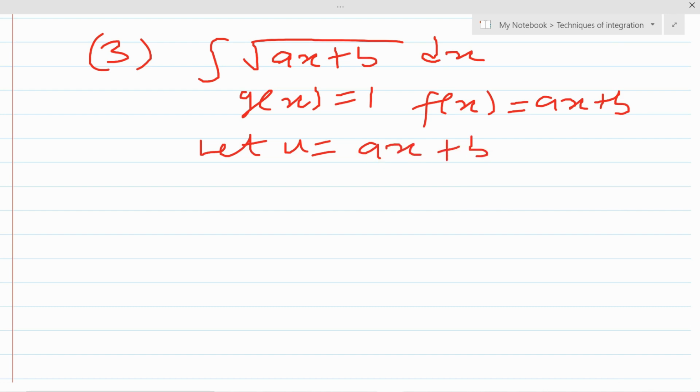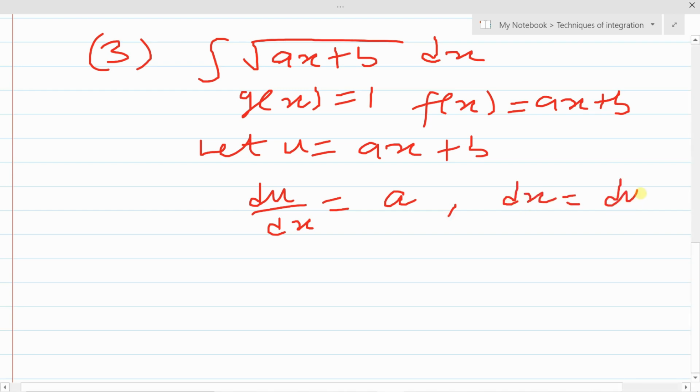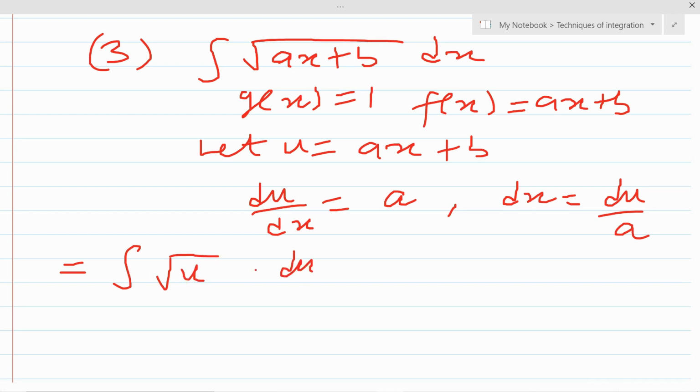Then our du dx will actually be equal to a. So making dx the subject here, we get dx equal to du over a. Now if that is the case, then we can put our u back. So we have the integral of square root of u times dx, which is du over a, and this will give us the integral of 1 over a square root of u du.